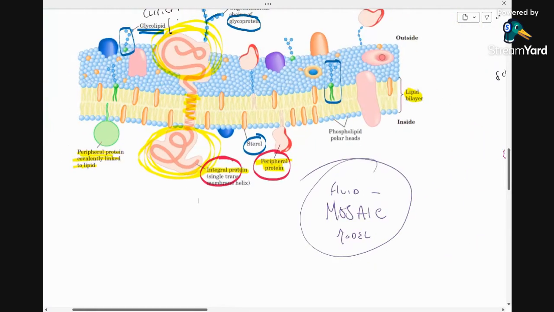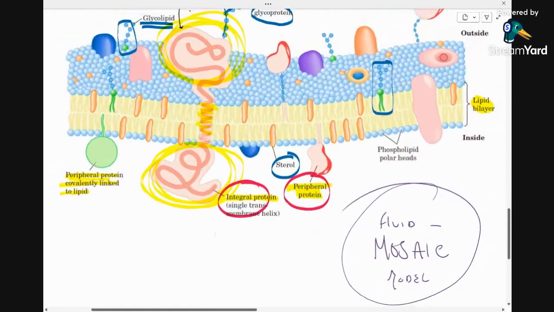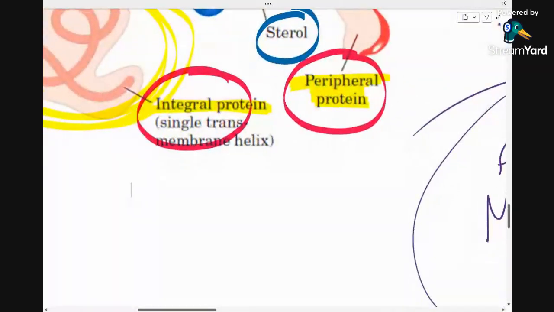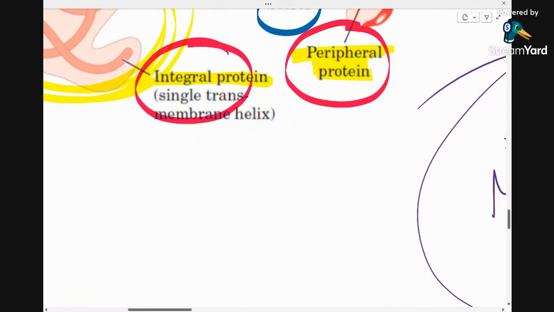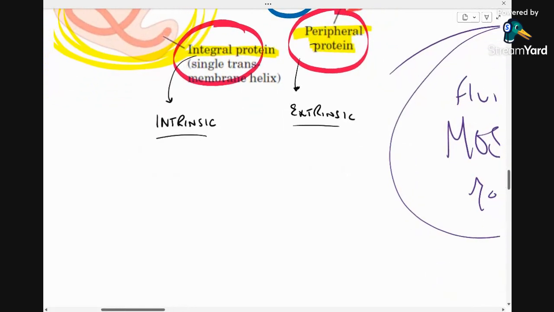Integral proteins span at least one membrane leaflet, very often two. And I want to give you examples of these. Integral proteins can also be called intrinsic, and peripheral proteins can also be called extrinsic. So just be aware these are two synonymous terms for that.